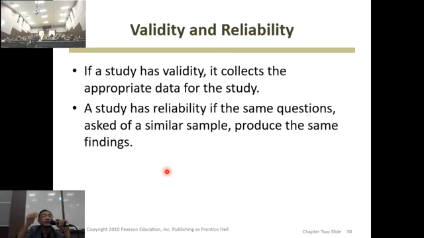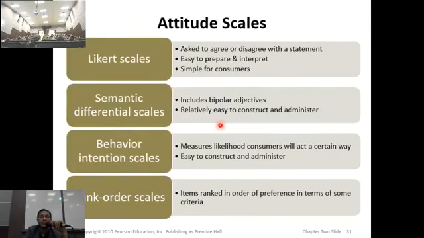Okay? Sometimes some questions are too difficult for you to understand, maybe too technical or whatever. So that is the issue of reliability. Attitude scales, for example, we have Likert scales, which ask you to agree or disagree with a statement.